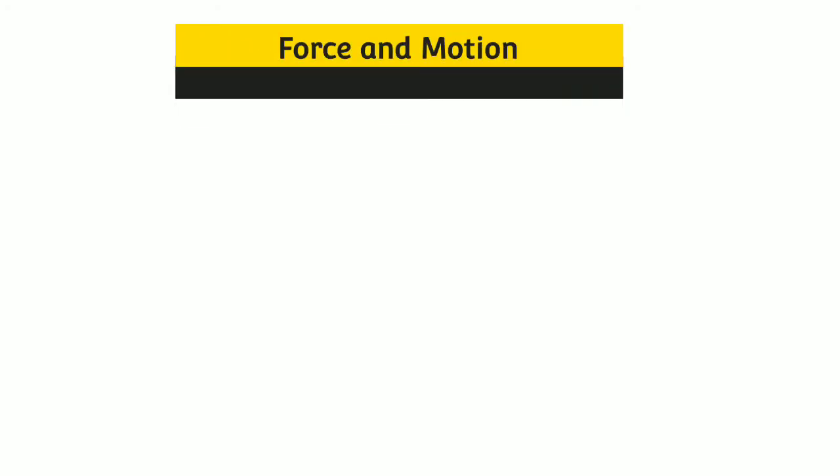Okay, now our lesson is over. Our 16th lesson. What is the lesson? Force and motion. We have covered the lesson and now we can move to the summary. What are the things we discussed in this lesson? What are the important points? First, we discussed distance and displacement.